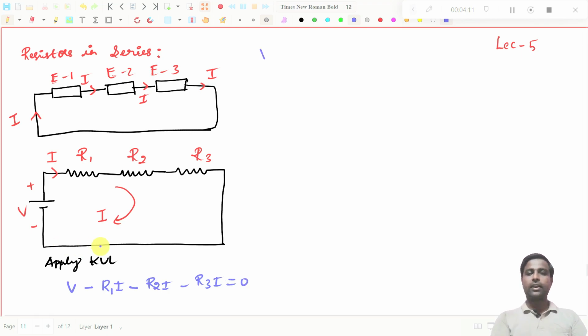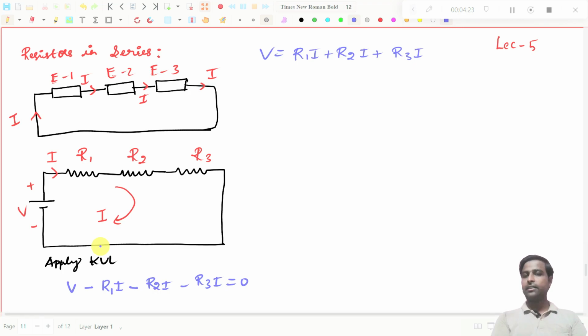We can write V equal to R1 I plus R2 I plus R3 I. Taking I commonly outside, we get I times (R1 plus R2 plus R3).